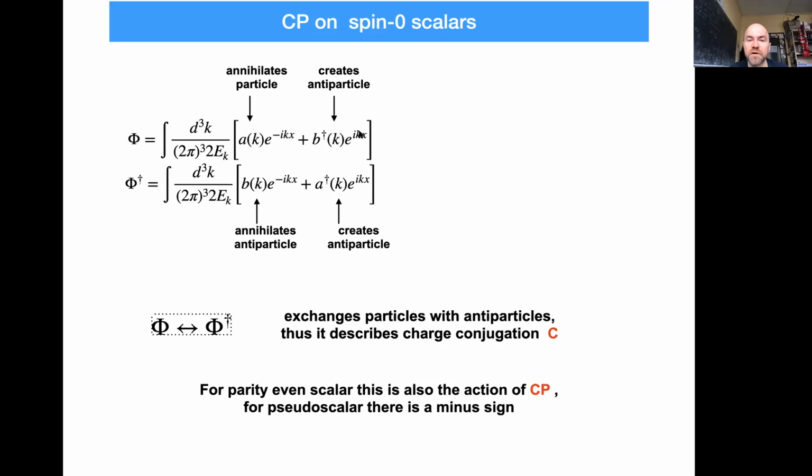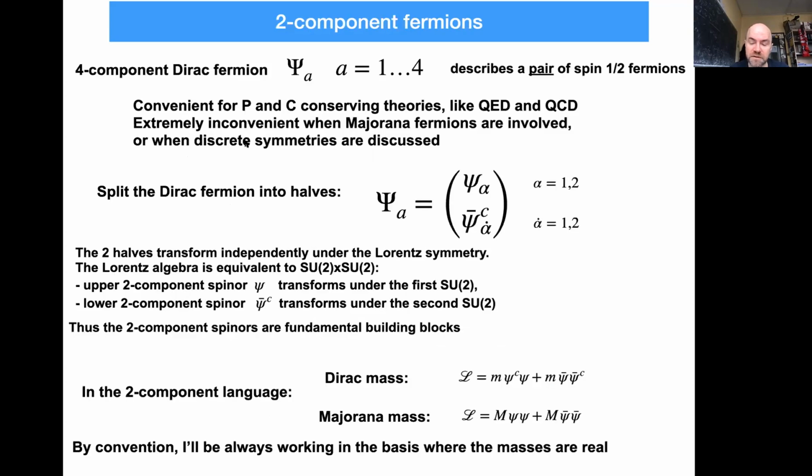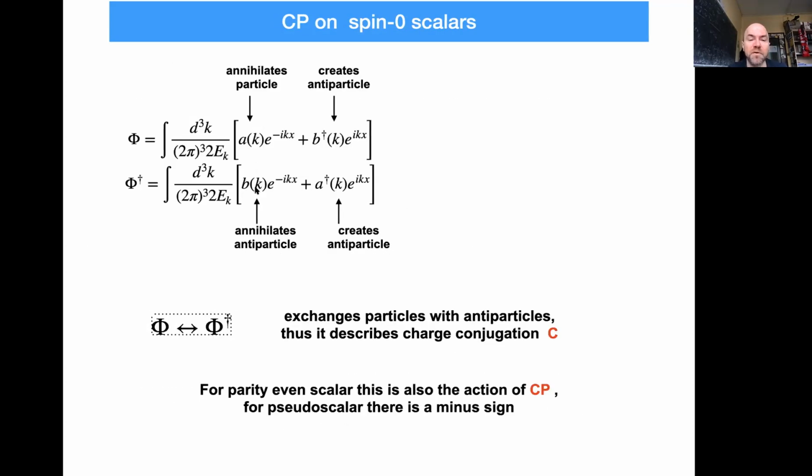Then there is also a conjugate on this A. And you see that the operation of taking the complex conjugate gives me the same, except that now the operators corresponding to particles and antiparticles are interchanged. So this is exactly what we understand by the operation of the C symmetry. The C symmetry interchanges phi and phi dagger in the Lagrangian. So this is how C works.